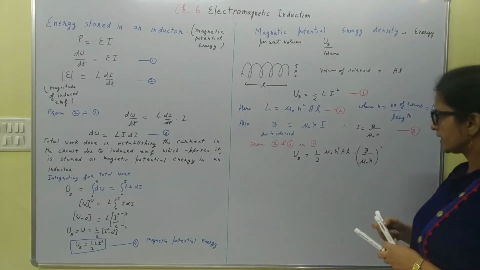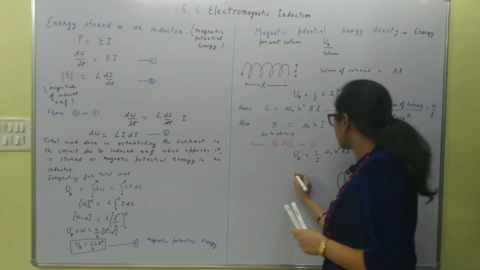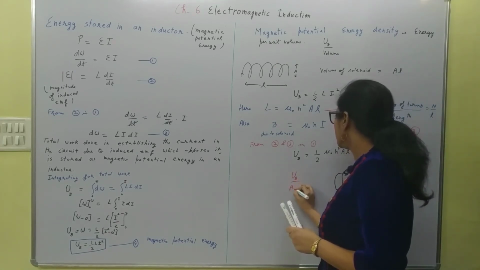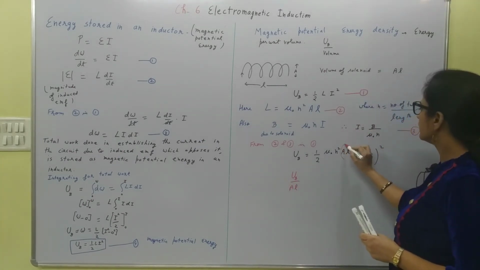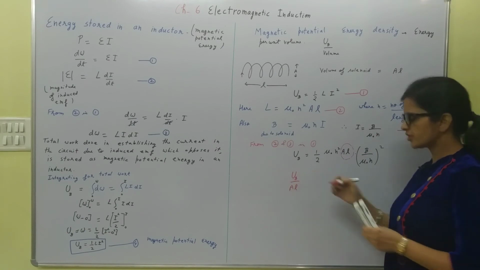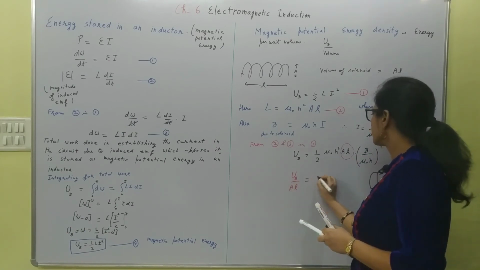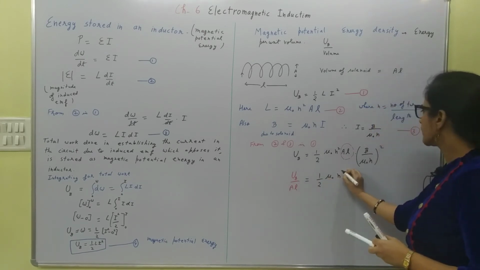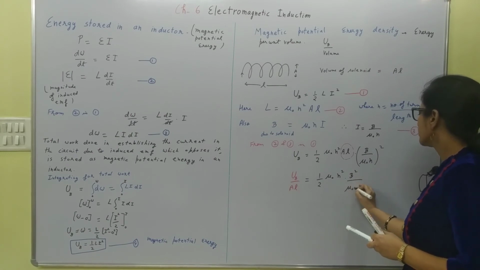We know that magnetic energy density is UB upon AL, so we can write UB upon AL. I have shifted this part into its denominator, so this will come out to be half mu naught n square into B square upon mu naught square into n square.